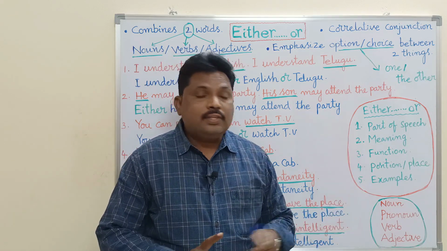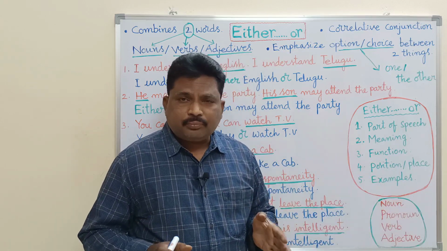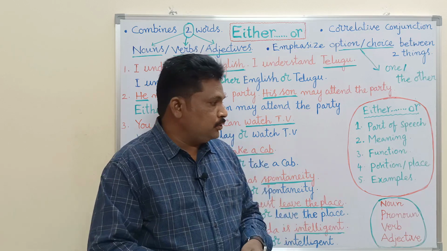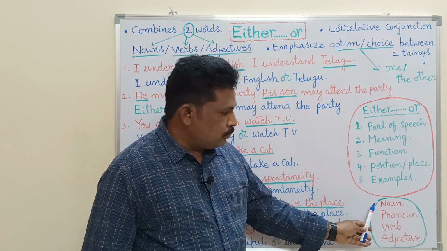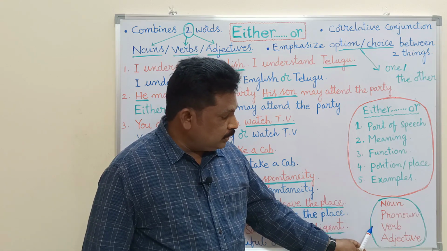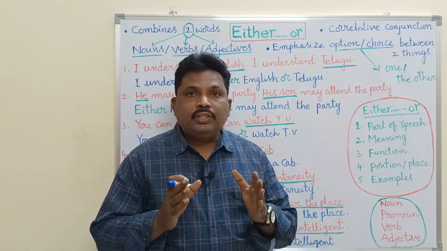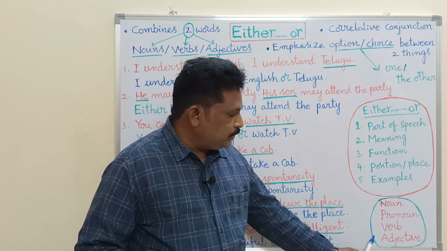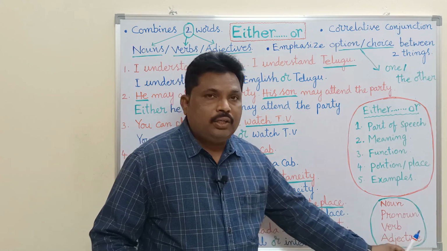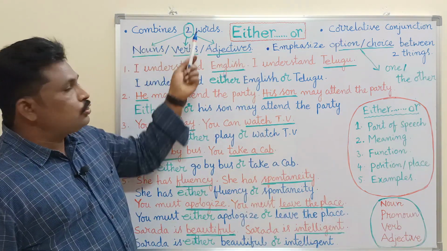Next, what is its position or place in sentences? Generally, where is this correlative conjunction either or used? It is used before a noun, or before a pronoun, or before a verb, or before an adjective. If it is used before an adjective, either is used before an adjective and or is used before an adjective. We have learned that it combines two words.